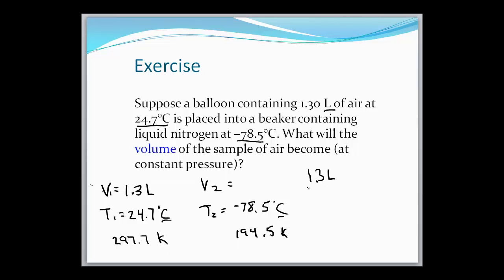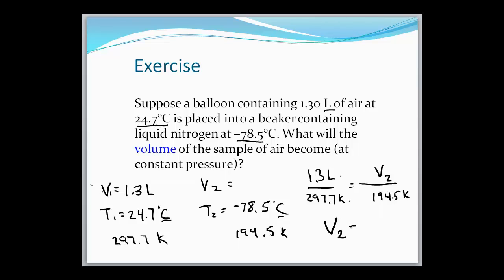So now we can set up our problem. V1 over T1 is equal to V2, and that's what we're solving for, over T2. And it's not a bad idea to include your units in the problem. That way you'll know after canceling out the other units whether or not you have the right units.